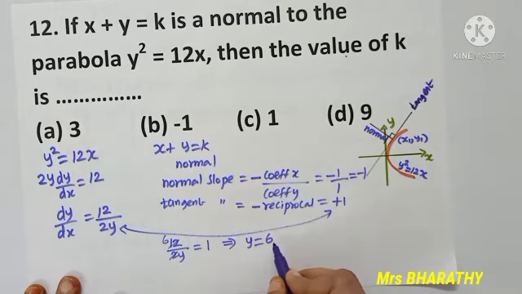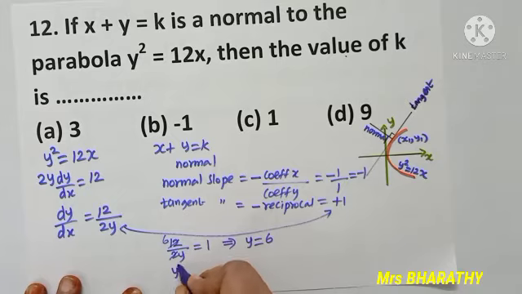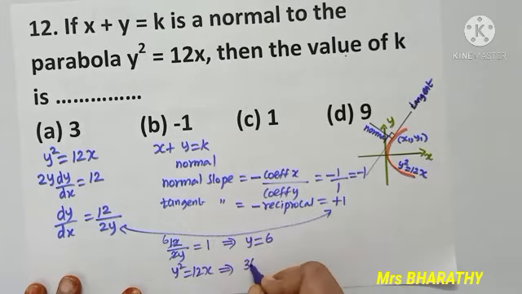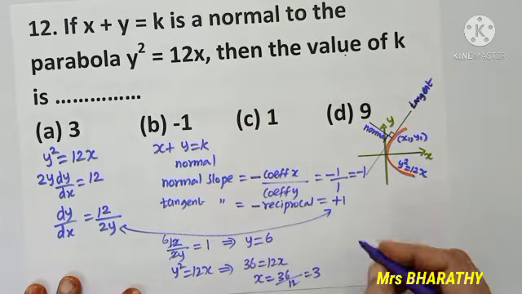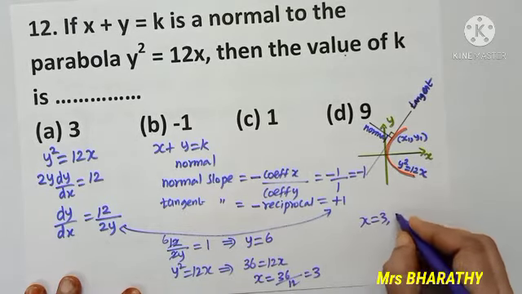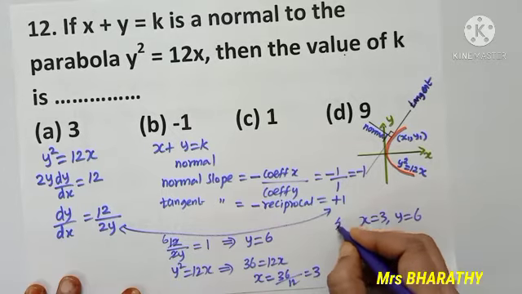Substitute y equals 6 in the parabola y square equals 12x. That implies 36 equals 12x, or x is equal to 36 by 12, that is 3.